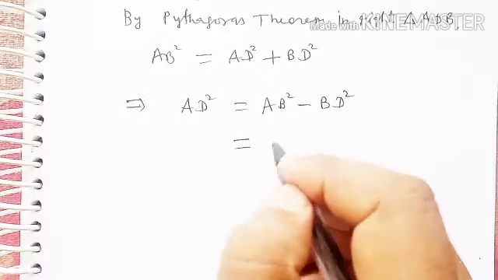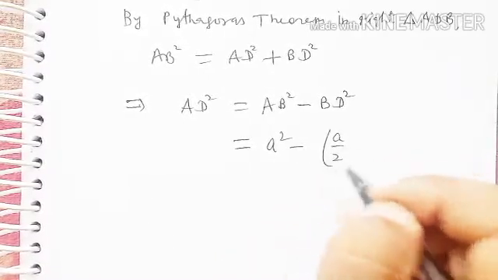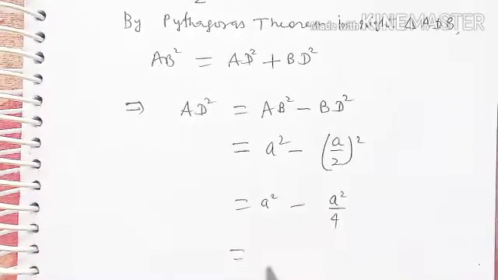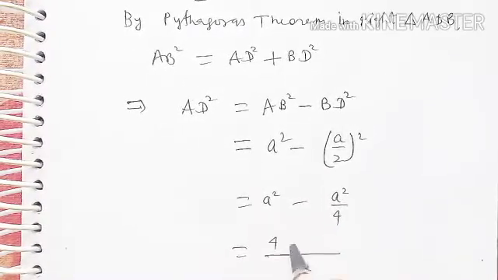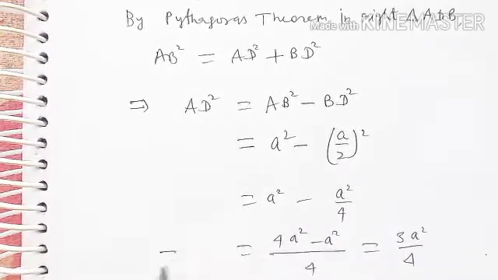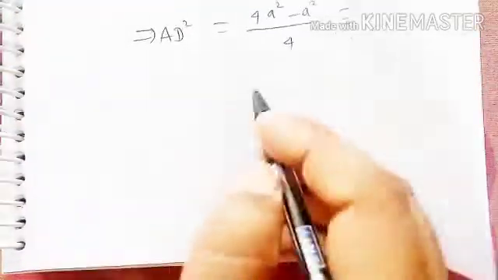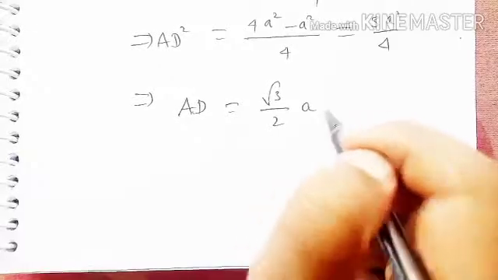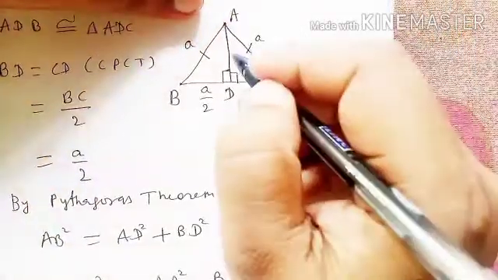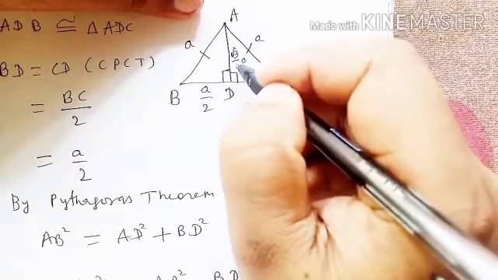Here AB is A, and BD is A by 2. So A square minus A square by 4. This is 4A square minus A square, 3A square by 4, this is our AD square. From here we have AD is equal to root 3 by 2 into A.